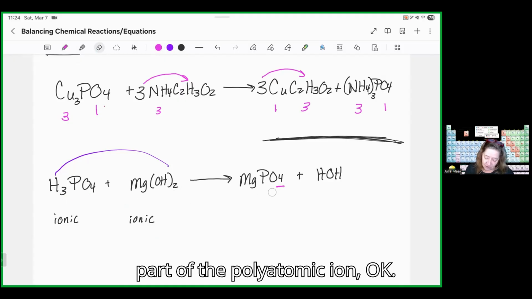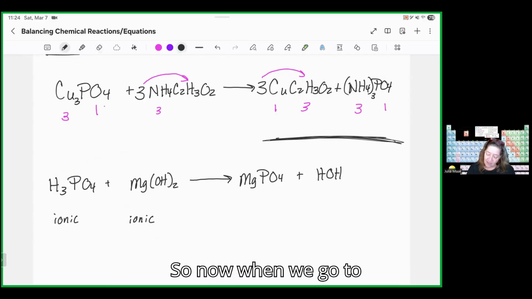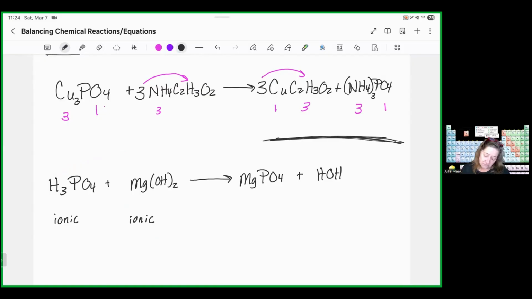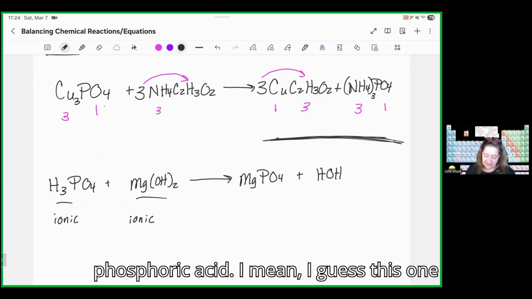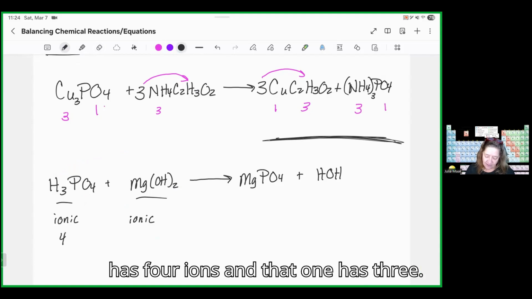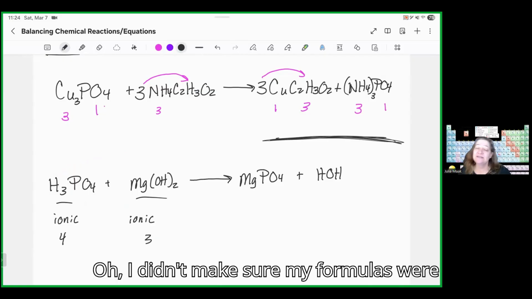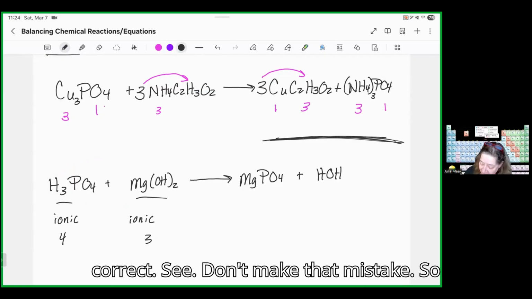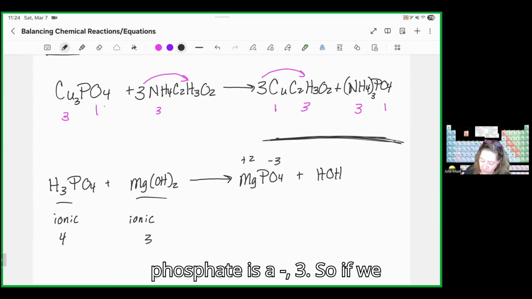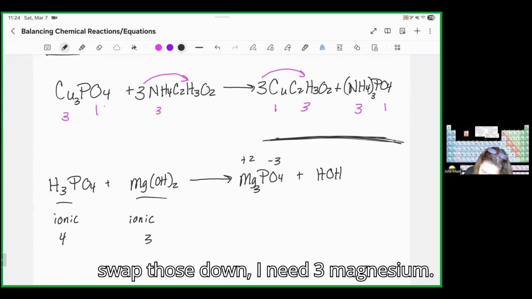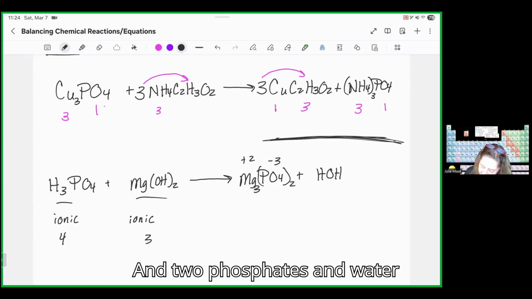Okay, so now when we go to balance this, I feel like either the magnesium hydroxide or the phosphoric acid. I mean, I guess this one has 4 ions and that one has 3. Oh, I didn't make sure my formulas were correct. See? Don't make that mistake. So your magnesium is a +2 and your phosphate is a -3. So if we swap those down, I need 3 magnesiums and 2 phosphates.